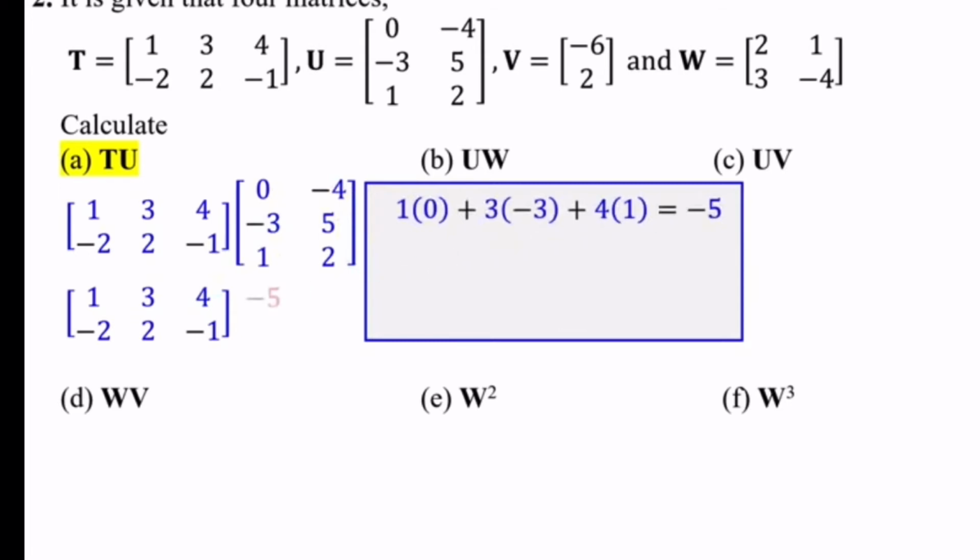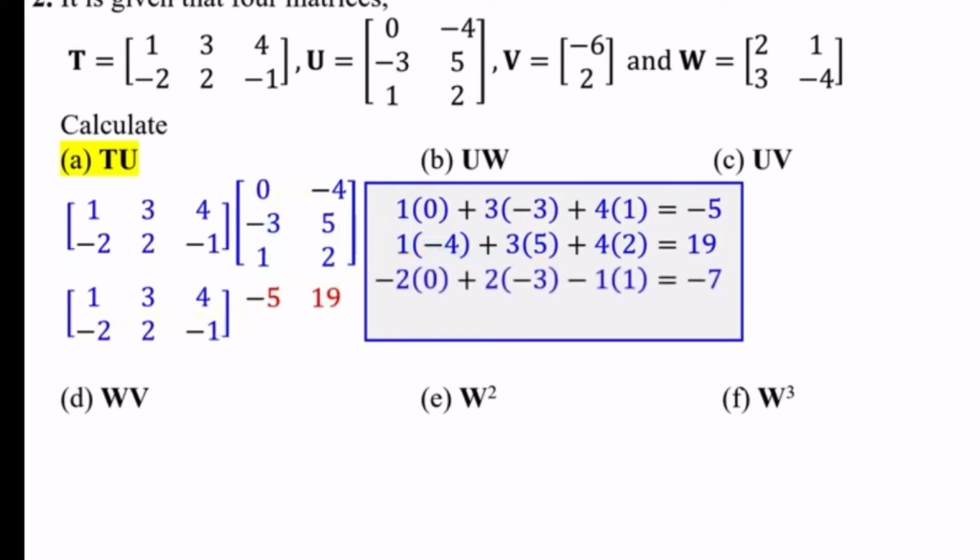So we will have negative 5 for the first element, followed by 1, 3, 4 times negative 4, 5 and 2. So 1 times negative 4 plus 3 times 5 plus 4 times 2 is 19, followed by negative 2 times 0 plus 2 times negative 3 plus negative 1 times 1.